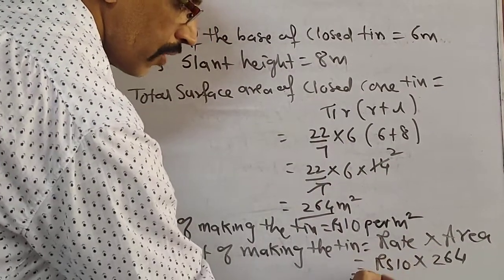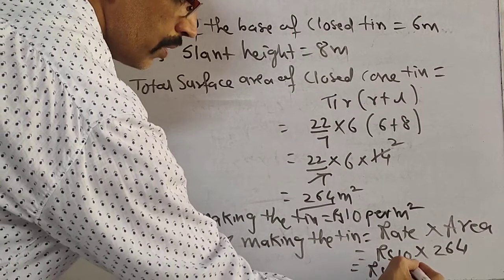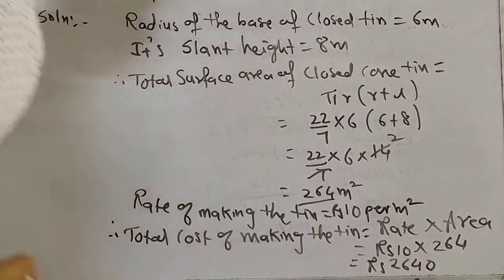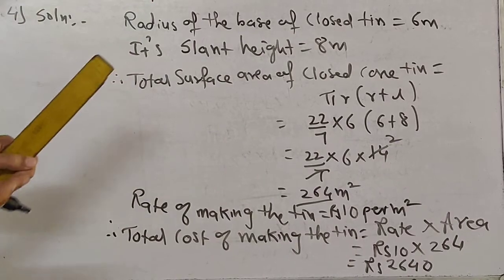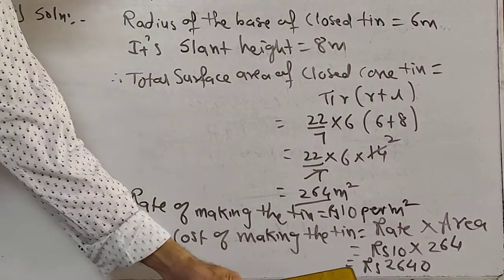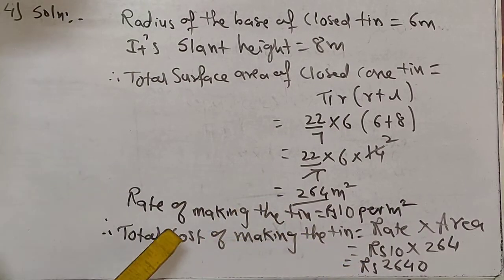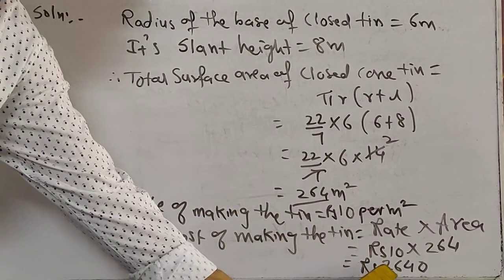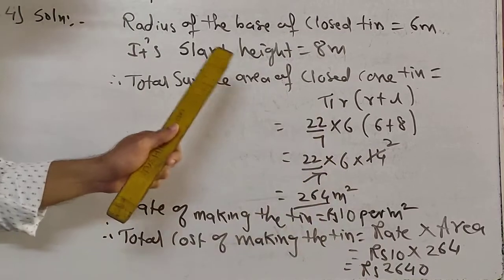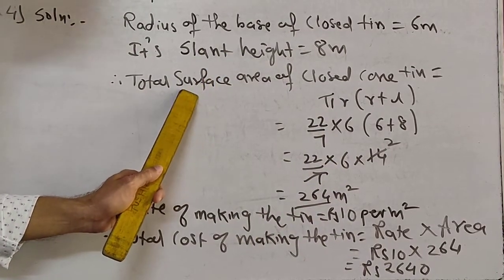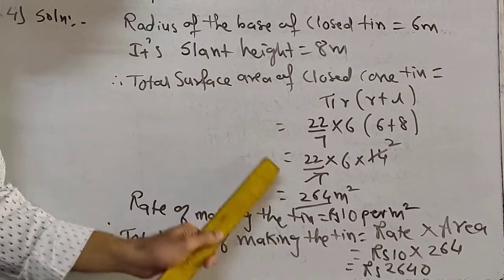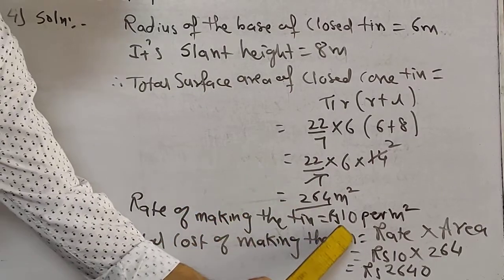So if you multiply, you will get answer rupees 2640. So total cost required for making the tin will be rupees 2640. Rupees, because you need the cost. We need the cost. So cost will be in rupees. Okay. So first of all, you will find out total surface area. After finding out total surface area, rate of making the tin is 10. Then multiply.